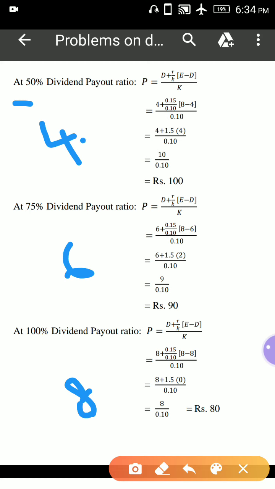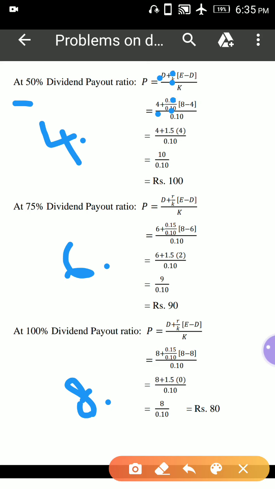See here, here dividend 4, here dividend 6, and here dividend 8. Now here D value will be 4 and R value, K value will remain the same, that is 0.15, 0.10, into 8 minus 4, that is earnings per share minus dividend 4, divided by 0.10 as it is.